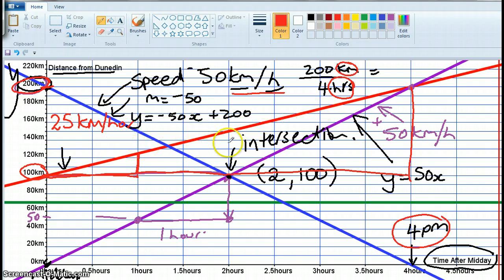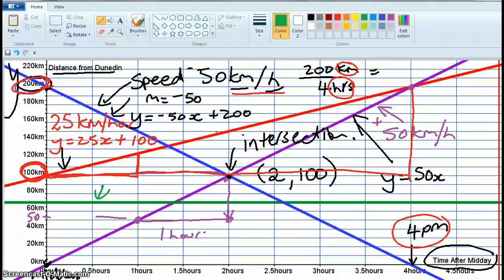So can you see that this slope is not as steep as this slope? So this train is going slower than that train. Okay, equation of this line, y equals 25x plus what? What's the y-intercept? 100. Okay, so y equals mx plus c, m is the gradient, c is the y-intercept. This one here, what story can you tell me about the green train?